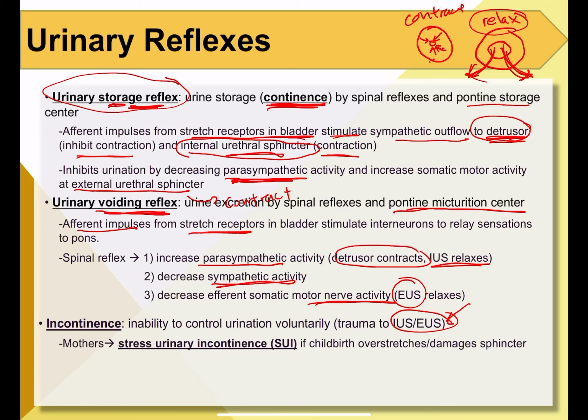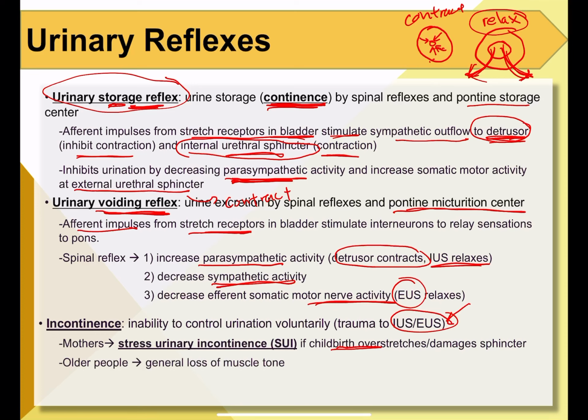Mothers can have stress urinary incontinence if childbirth overstretches or damages those sphincters. When you give birth to a baby, that area is all stretched out to allow the baby to come out. Sometimes that can damage the sphincter permanently, and then you would end up having incontinence problems.